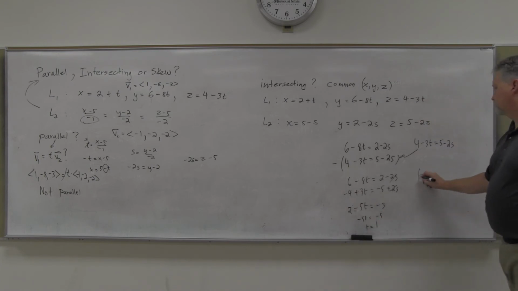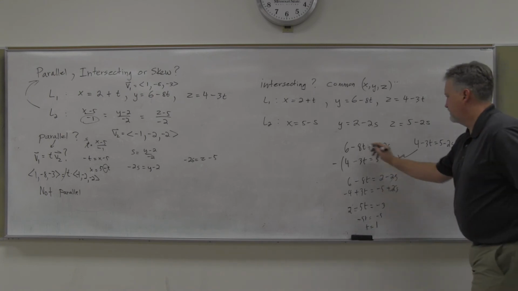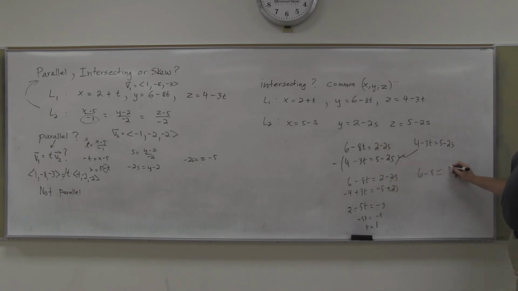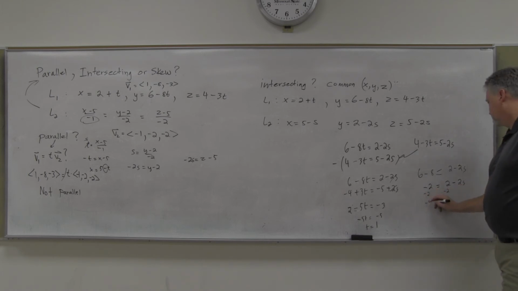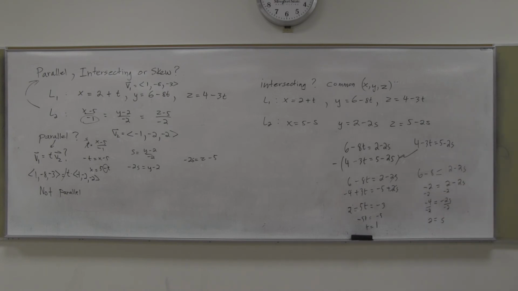Plugging in 1 for t, 6 minus 8 equals 2 minus 2s, so s is 2. Okay, so t equals 1, s equals 2 would give me the same y and z value.